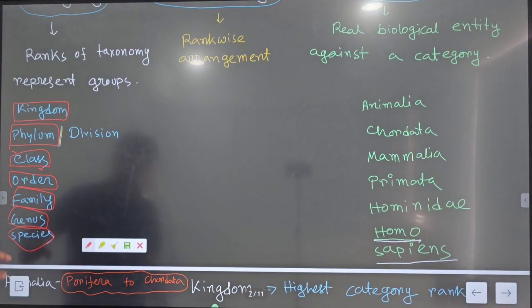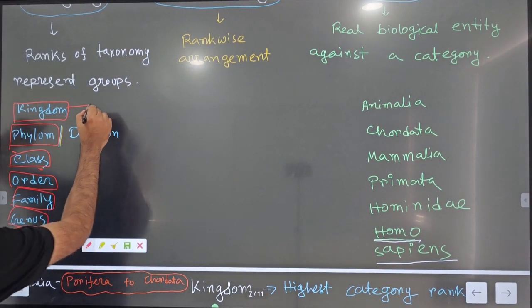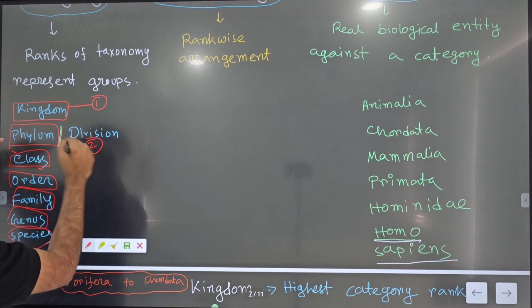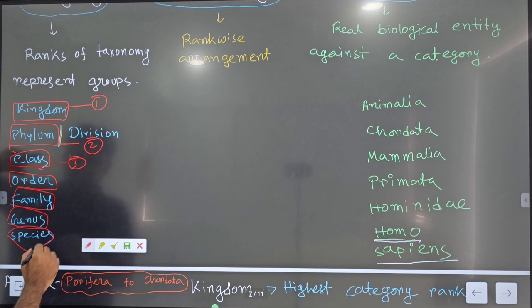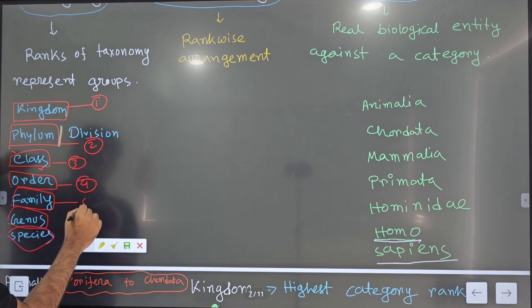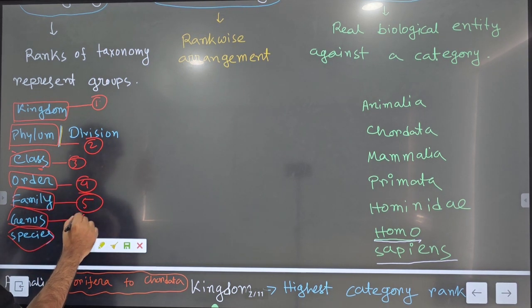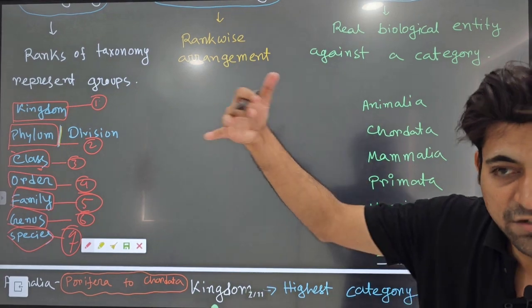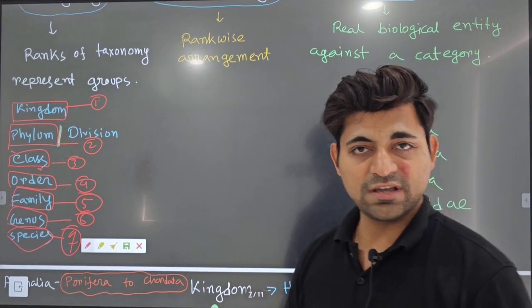Now, this kingdom is one category, the highest category. Phylum or division is the second category, class third, order fourth, family fifth, genus sixth, species seventh. Now there is an arrangement of these categories. Kingdom is the highest rank and species is the lowest rank.